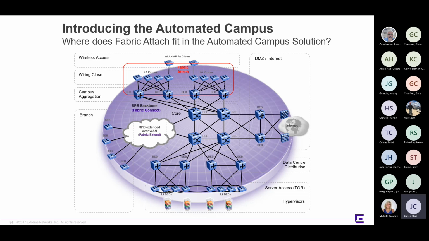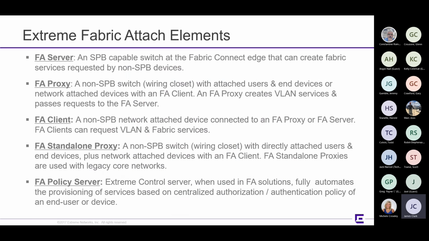We use our XOS switches, and as Constantine mentioned, we even have the older legacy VSP switches, ERS switches, that can actually be a part of the Fabric Attach as well. We have APs that are Fabric Attached from Extreme, with our Wing, as well as our XIQ APs are Fabric Attach. So a lot of devices that we can actually Fabric Attach. And Fabric Attach really is nothing more than adding different elements to the switches at the edge here.